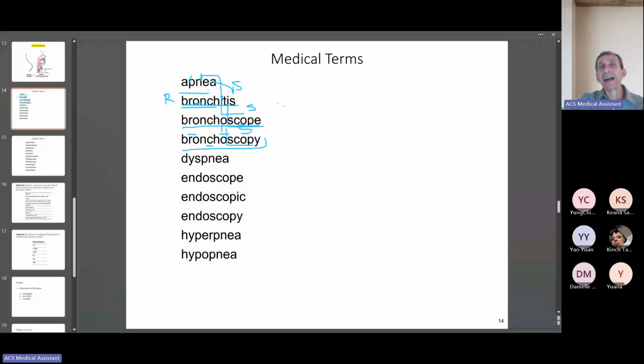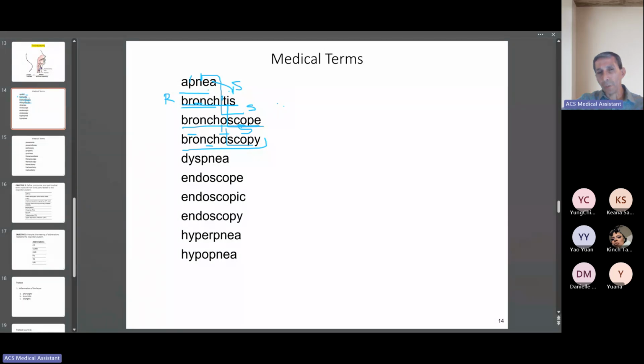Remember, this is the actual action. It's not the instrument. The instrument is the scope. But when we do bronchoscopy, we are actually using the scope, but not mentioning the scope as the instrument. We are using the process of looking, observing, seeing, visualizing the inside of the bronchus. That's basically what it is.